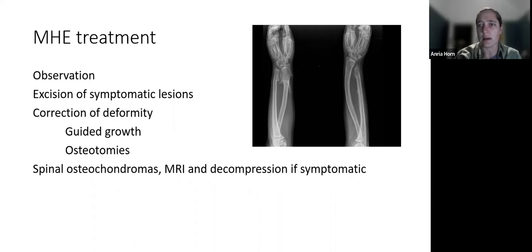It kind of depends on the patient themselves. If you've got these very aware and educated people, then they can monitor it themselves. And then you can say, listen, come back to me if there's something that's bothering you or if something's getting bigger, etc. But otherwise, I'd see them annually and monitor them for symptoms and pain and growth.